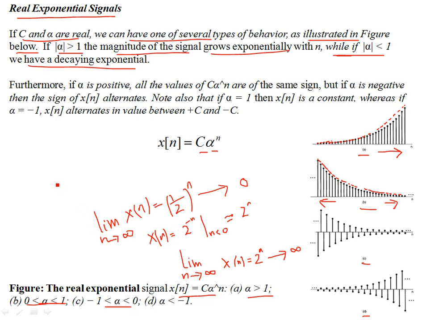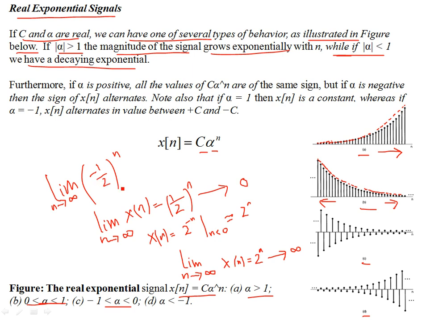So in the third case, you can see what happens if n goes to infinity for a sequence, let's say minus 1 by 2 to the power n. Alpha here is less than 0, but greater than minus 1.